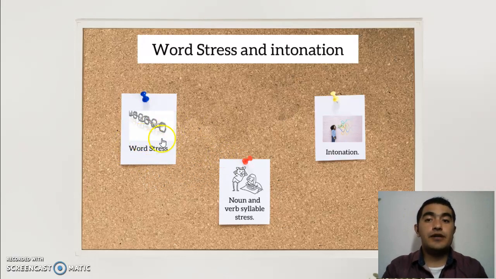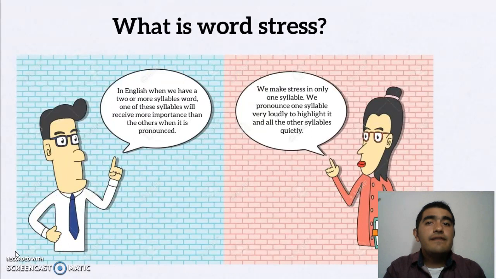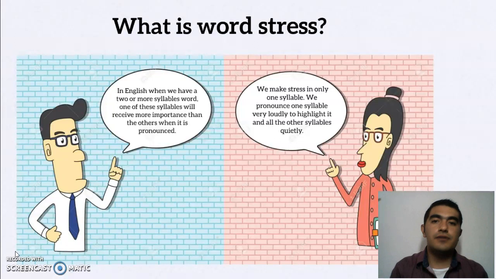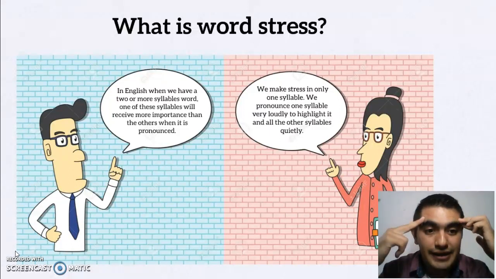The first topic we are going to study is called word stress. What is word stress? In English, when we have a word of one or more syllables, one of these syllables will receive more importance than the others when it is pronounced. My students, keep this in mind.